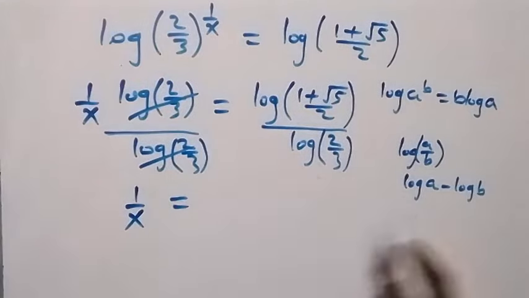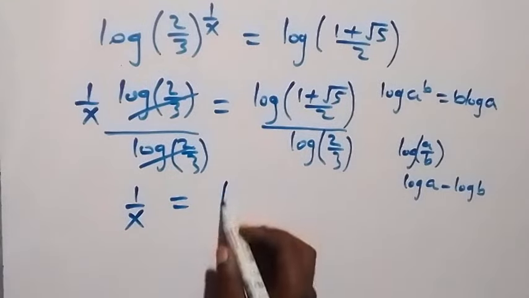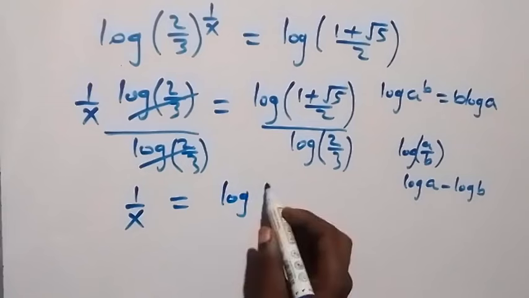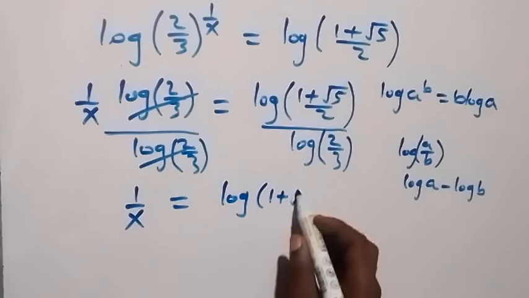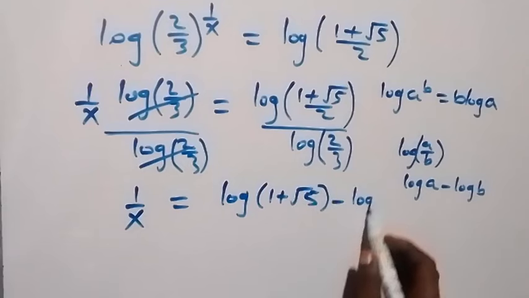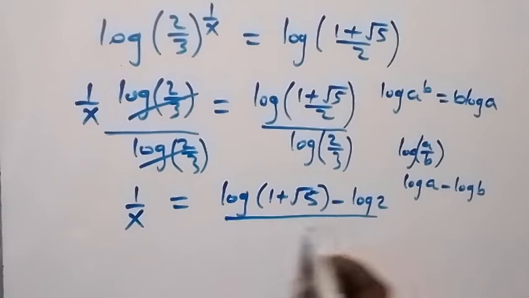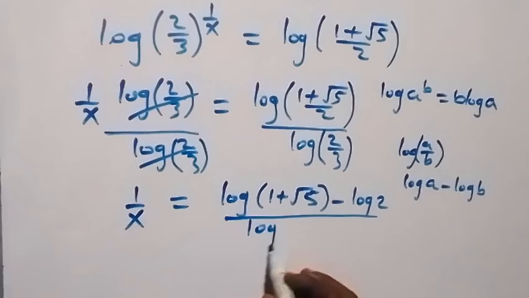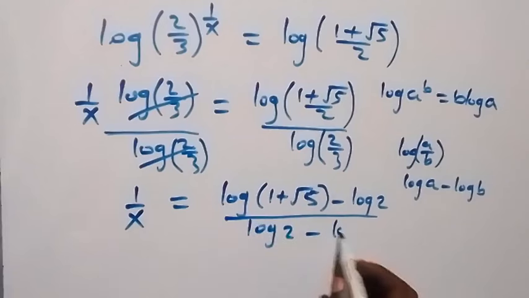So when we apply that here, we have log of 1 plus root 5, then minus log 2, then divided by log 2 minus log 3.